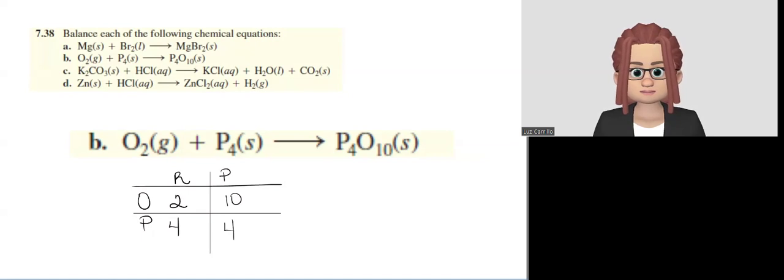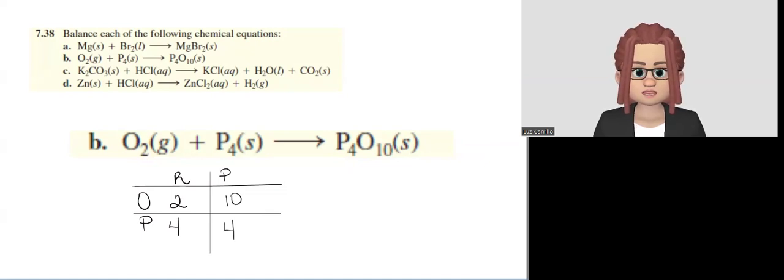Now, looking at this, it appears that my phosphorus is balanced, while my oxygen is not balanced. So I need to find a coefficient that when I multiply by the subscript is going to give me the number of atoms that will be equal to the one that we see in the product.